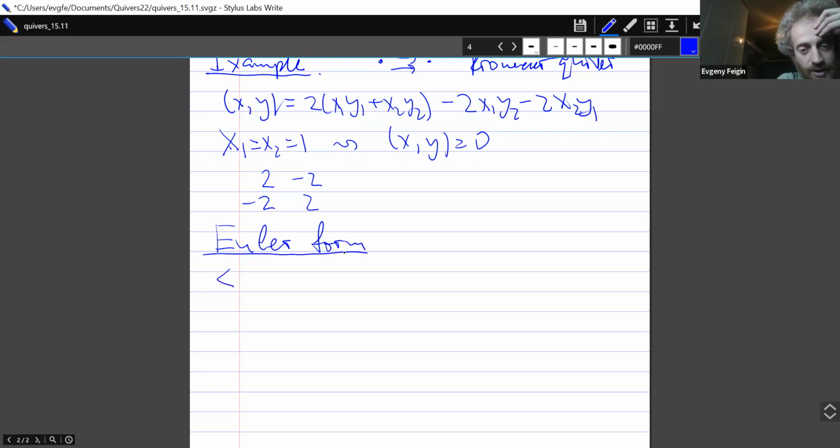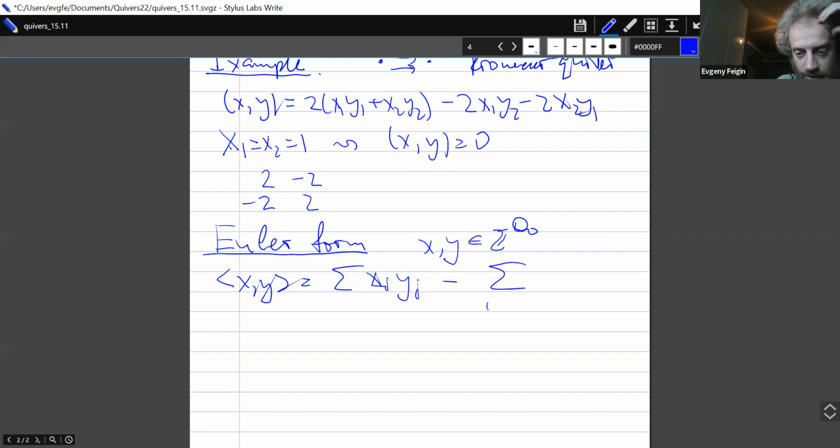We take x, y from Z to Q naught, and we say that xy is the sum of x_i y_i minus the sum over all arrows of x_{s(a)} y_{t(a)}.